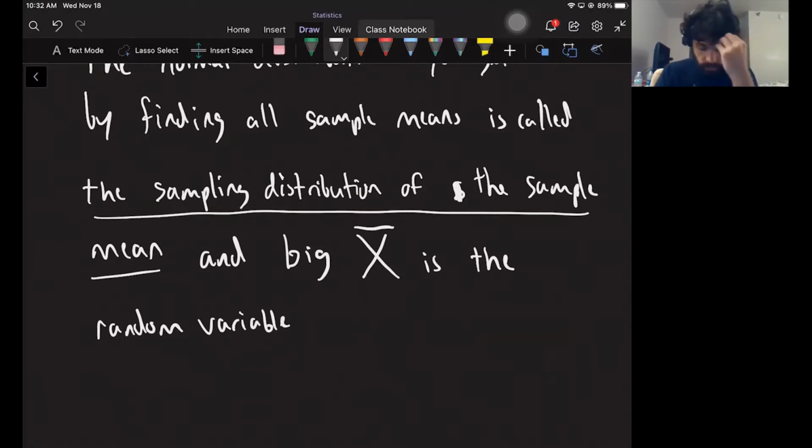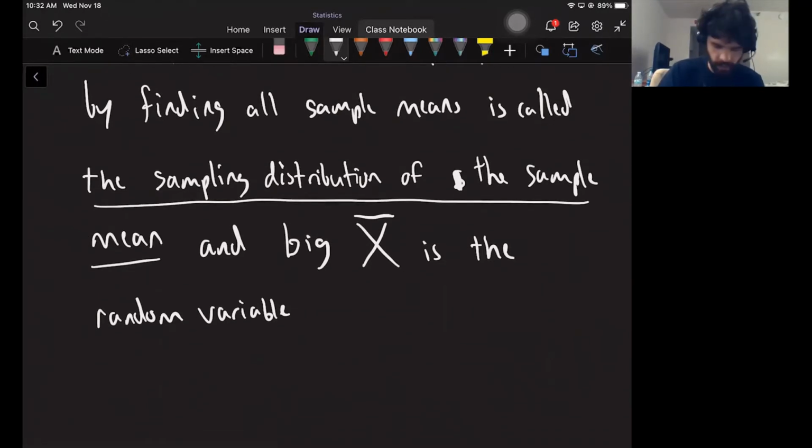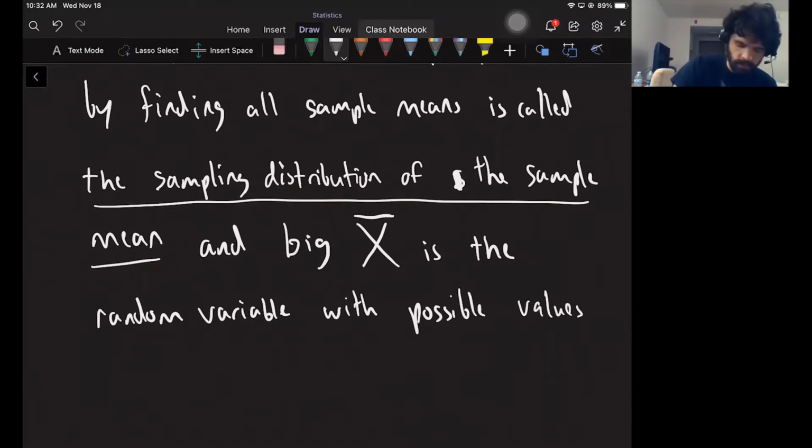But the idea is that the sampling distribution goes along with the random variable, and the random variable, remember, takes possible values that you call little x, but it's going to be little x with a bar on top of it. And so these are just the possible sample means that you could get.